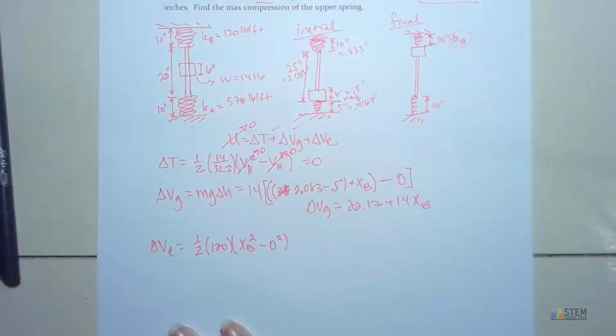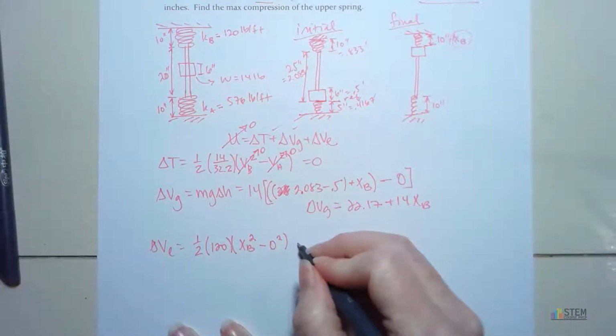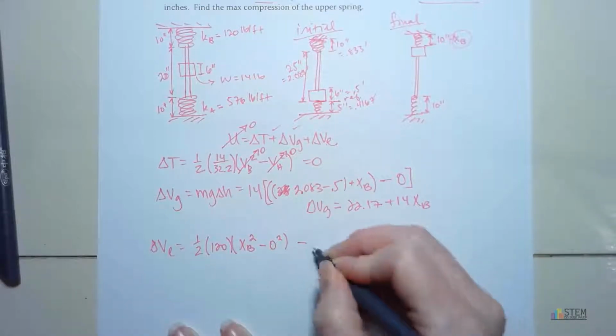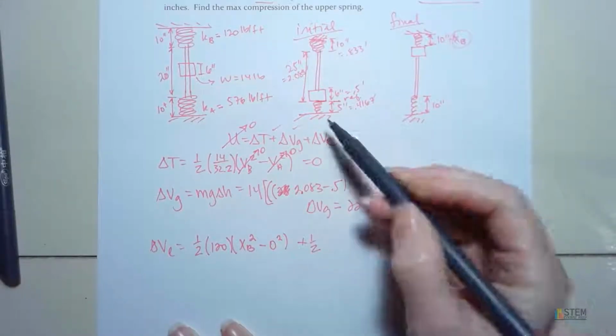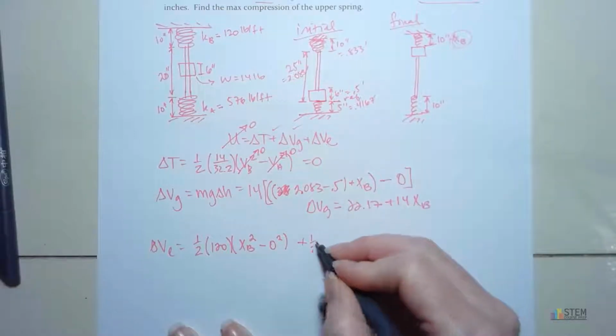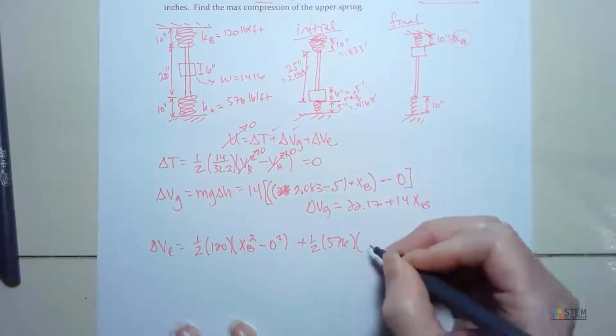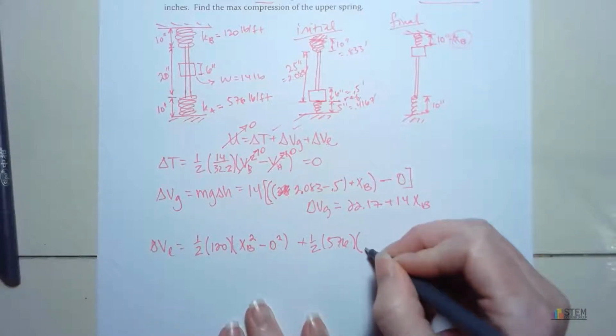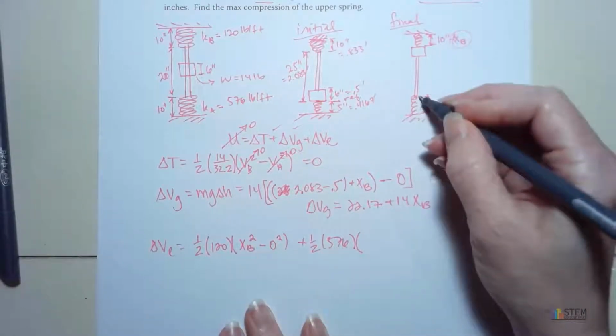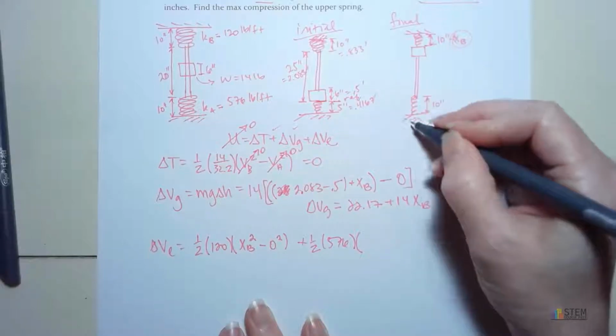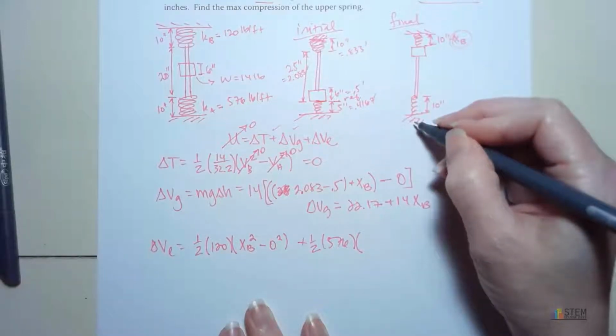We've got that, and on top of that, we need to look at this second term. So now let's go to the bottom spring. We're going to have 1/2 times 576. And now we need to look at the final compression in the bottom spring. Well, is this compressed right here? Nope.